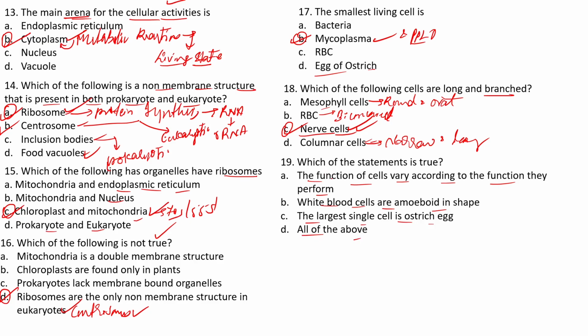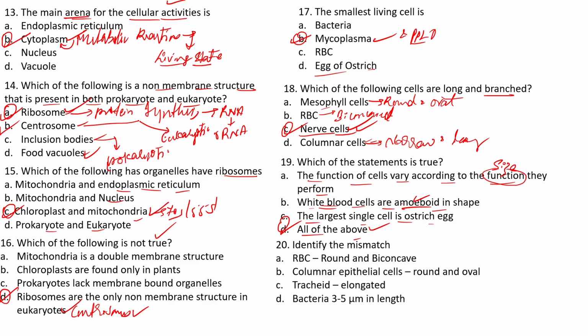There should be a small modification here: the functions of cells vary according to the size. I guess there is a small typo. The right answer is all of the above. The functions of cells vary according to the size and shape of the cells. WBCs are amoeboid in shape, and the largest single cell is the ostrich egg.